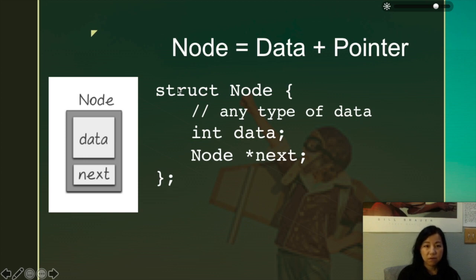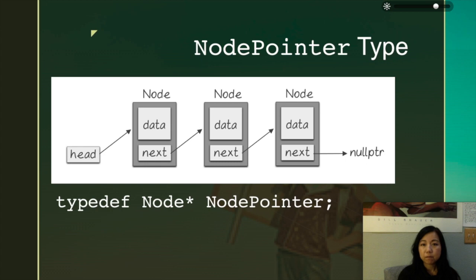Remember, when we have a struct, we always have a semicolon at the end. We then declare a pointer type that is called NodePointer using typedef. So basically, we are saying, define this type that is a pointer of a node, and call it NodePointer.